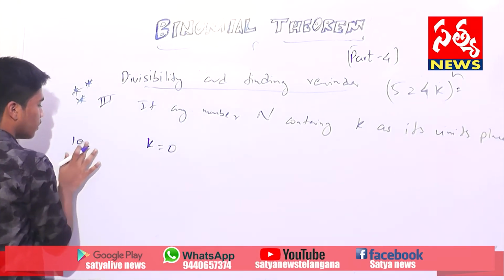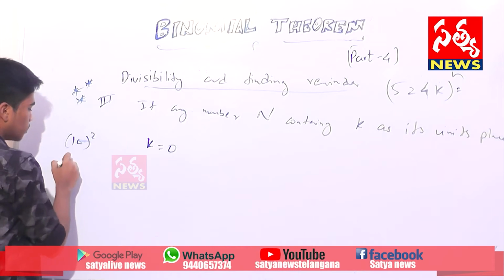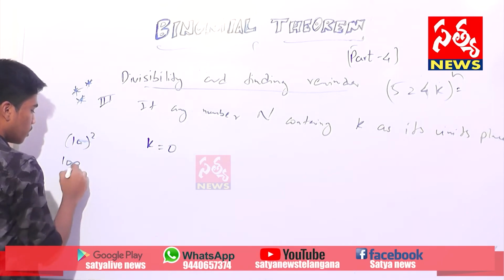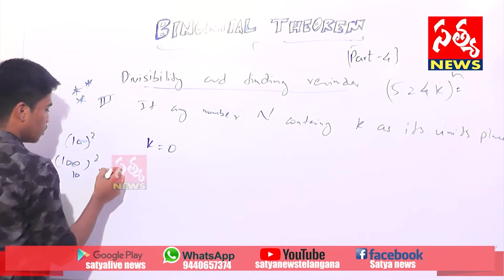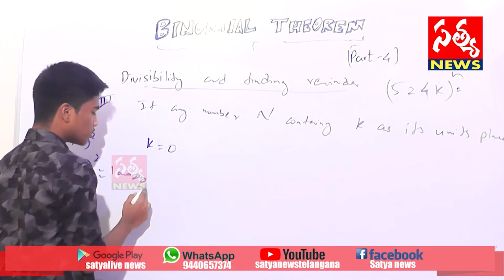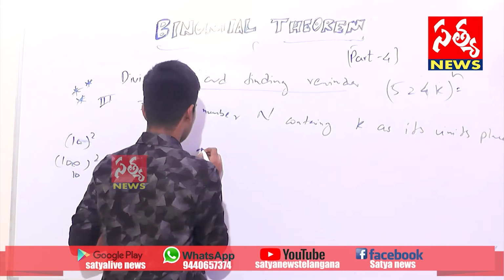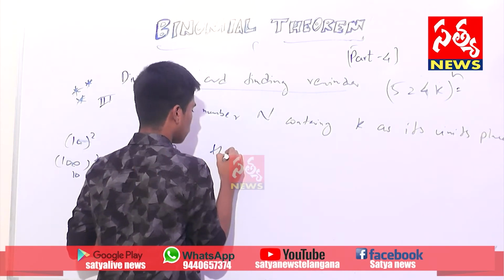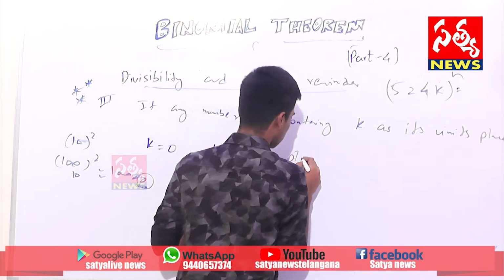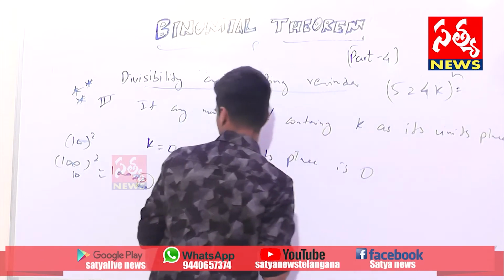Let's take 10. 10 square is 100, right? 100 square is 10000. At last, again we are getting 0 in the units place.